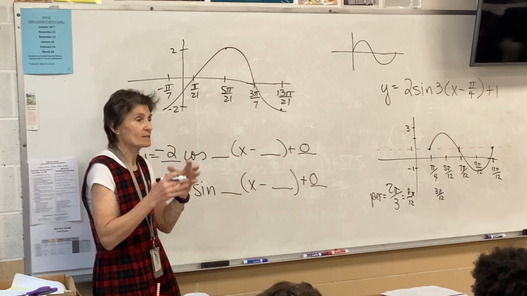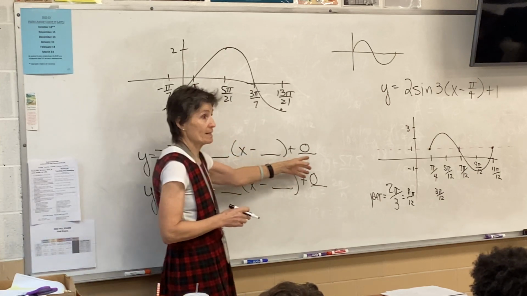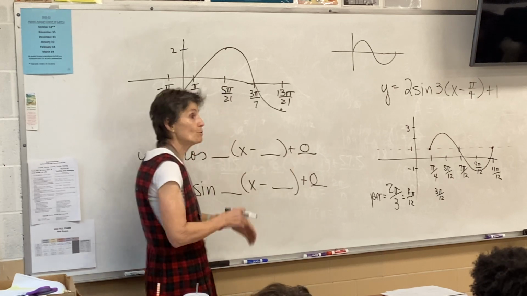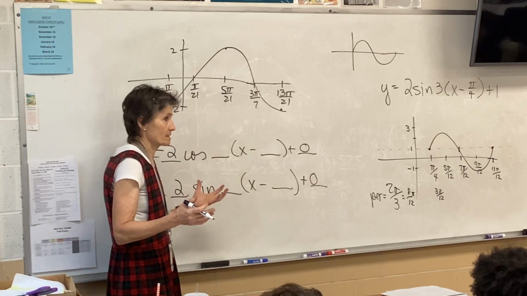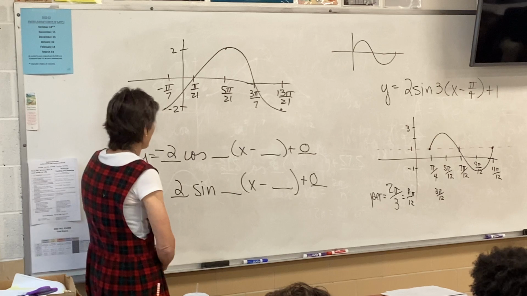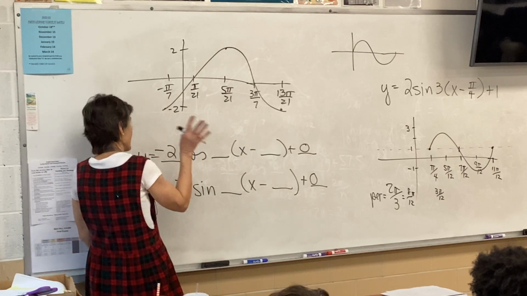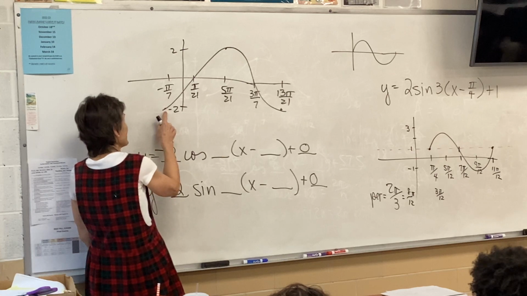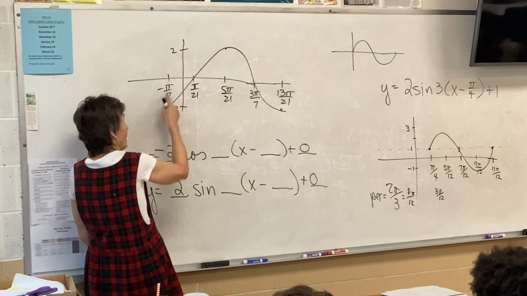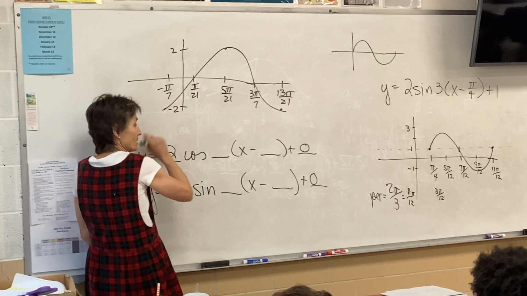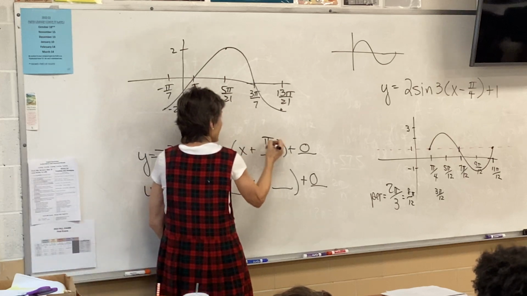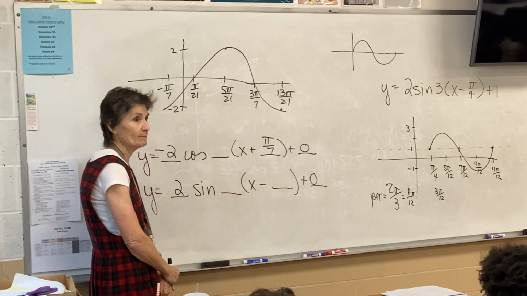So use zeros if you mean 0. Use none if you mean it doesn't exist. Okay. Now, if this is a cosine, which I said it, that's what I think. Where am I starting my picture now? I'm starting at negative pi over 7. So doesn't that have to be positive pi over 7?